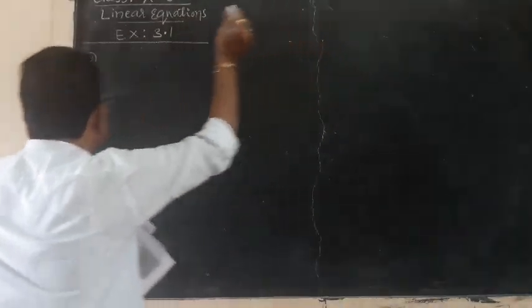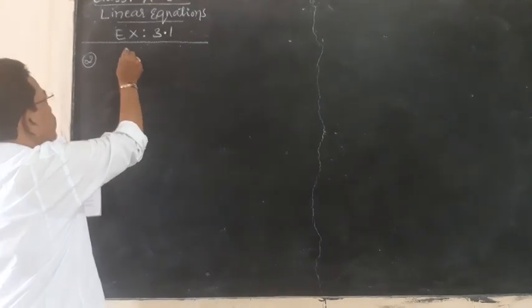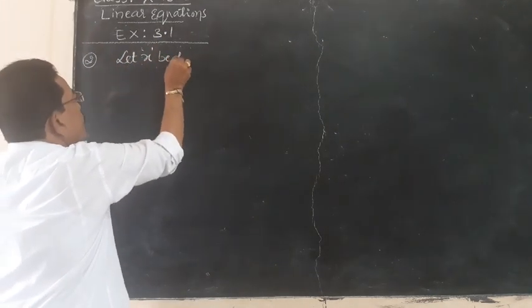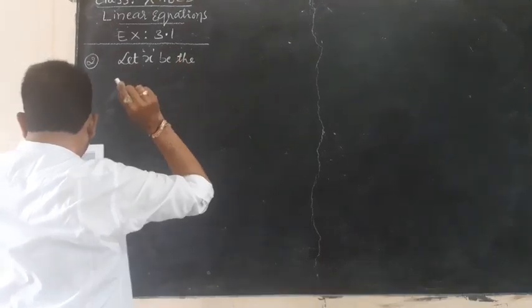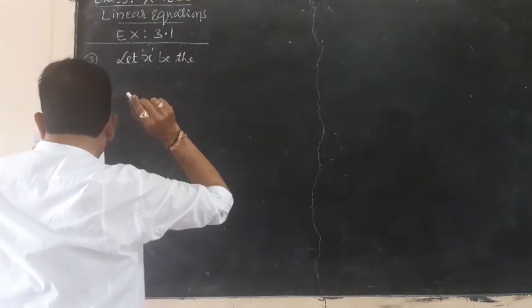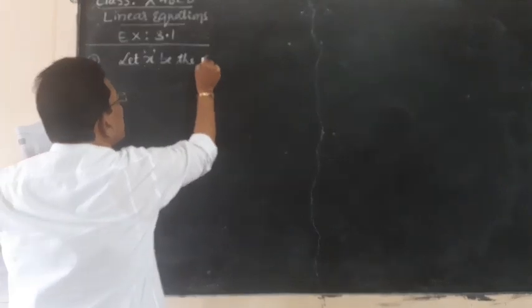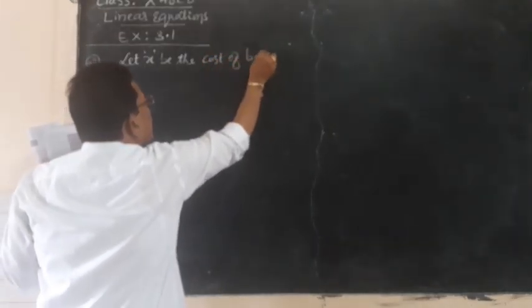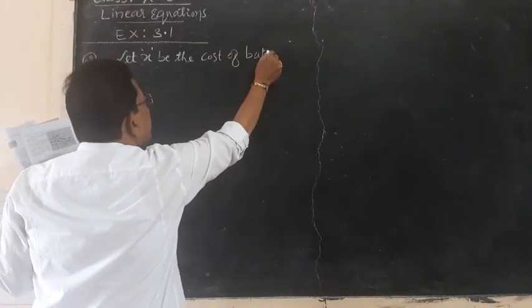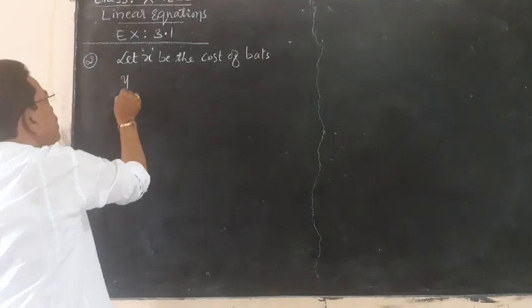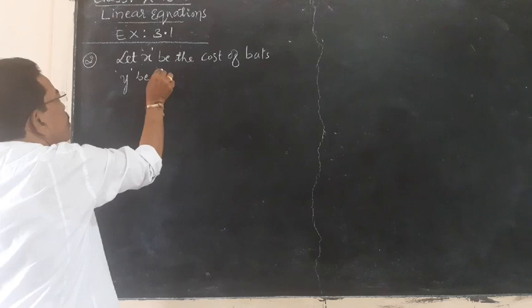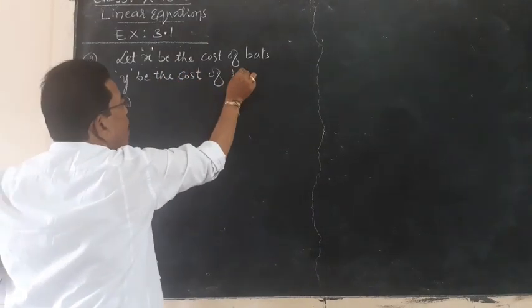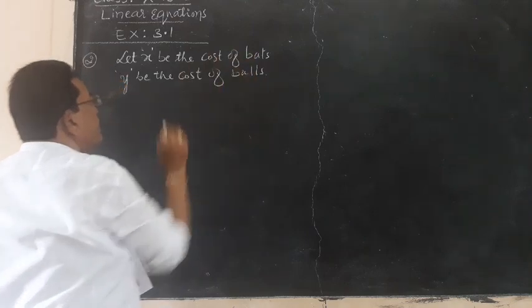So, question number 2. Let x be the cost of bats, then y be the cost of balls.